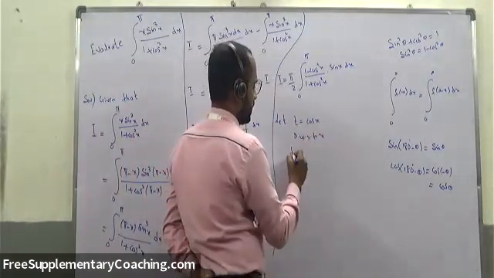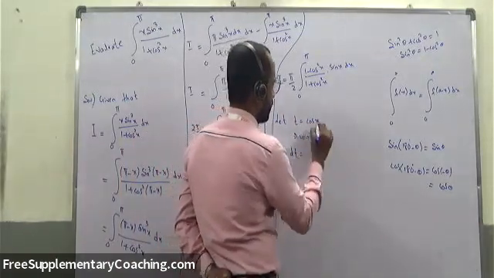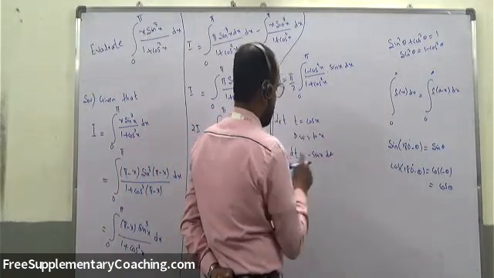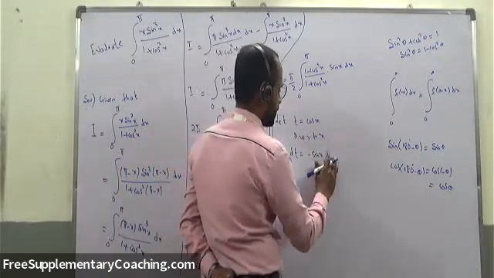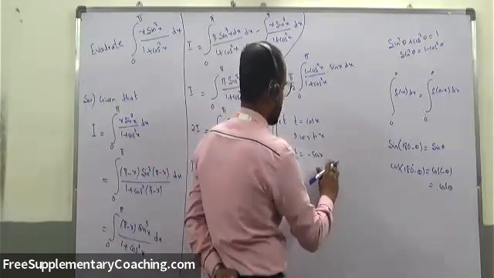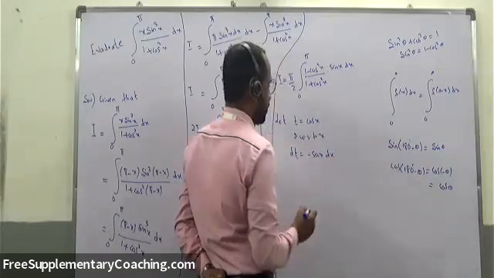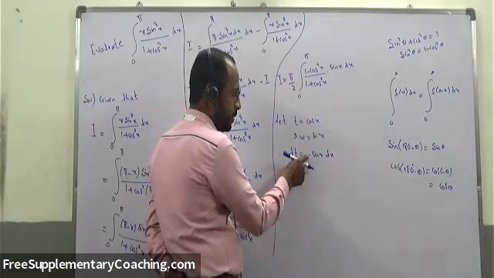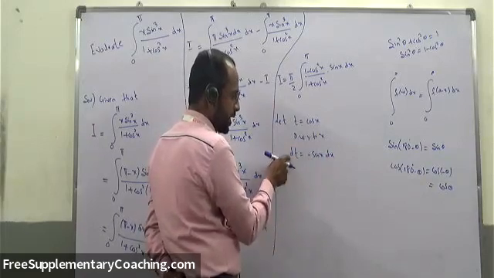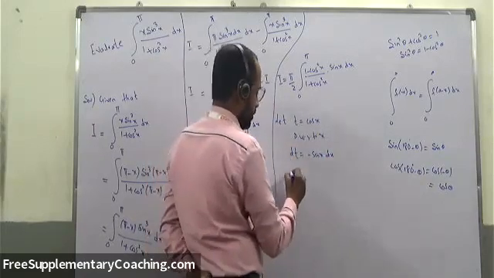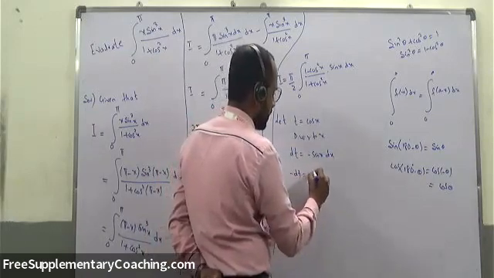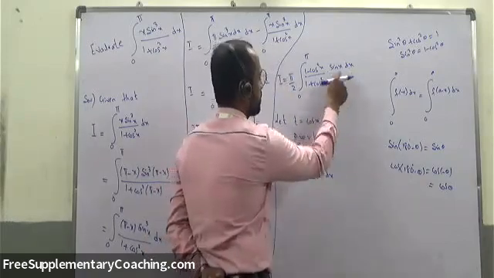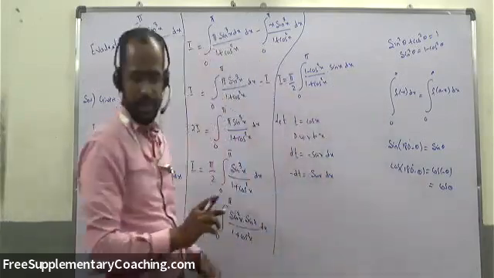So you will get dt is equal to d by dx of cos x, which is minus sin x into dx. This minus I'm writing with this, so minus dt is equal to sin x dx. So this sin x dx now becomes minus dt for us.